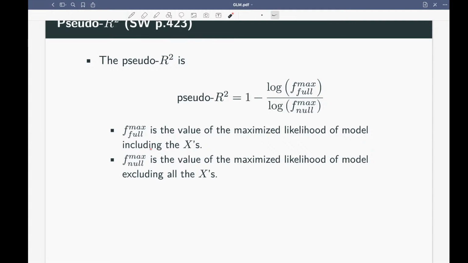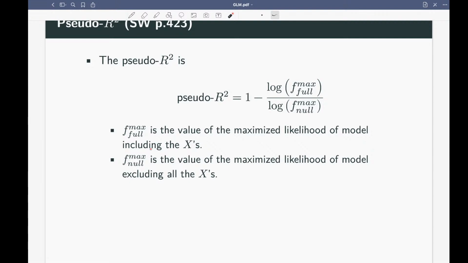We want to do the same thing as the concept of R-squared in ordinary least squares. In OLS, we use the R-squared or adjusted R-squared to measure the fit. In a model with maximum likelihood estimation, we cannot use the R-squared directly. So we should use the pseudo R-squared.